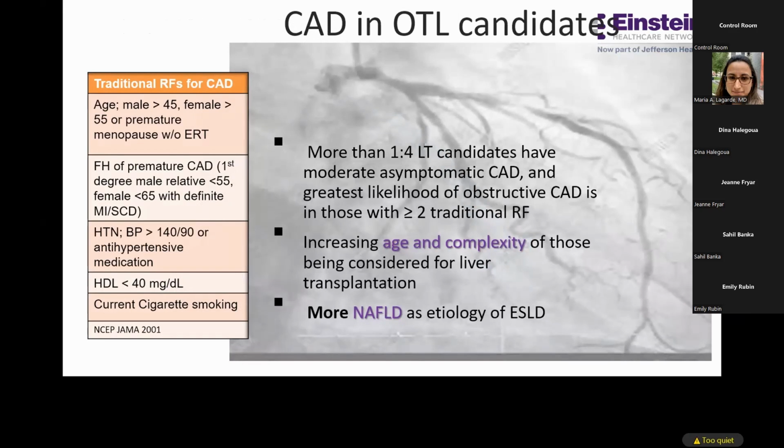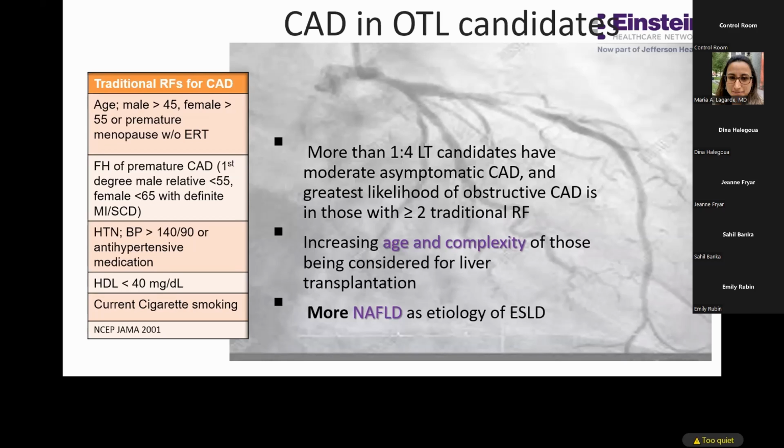And talking about liver transplant candidates, again, patients who have really advanced disease, about 1 in 4 of them have moderate asymptomatic disease, meaning they don't feel any symptoms from it. It's not blocking blood vessels to the point where they get symptoms, but there's still blockage present in their heart arteries. The greatest risk of having that problem is in those that have more than 2 traditional risk factors.